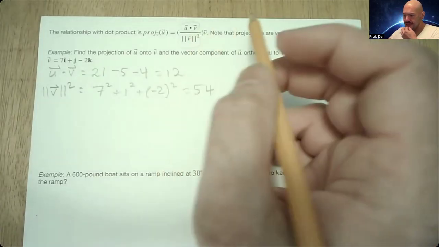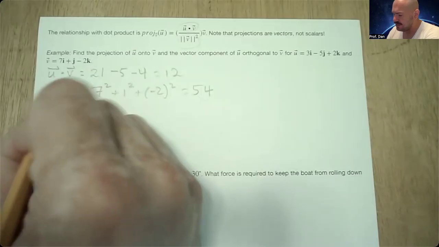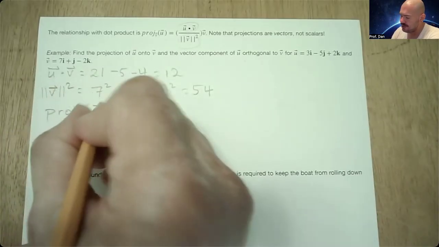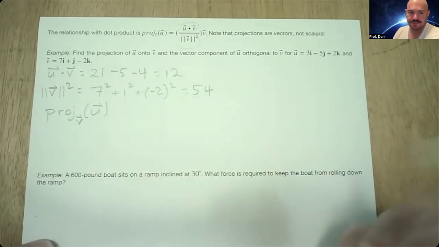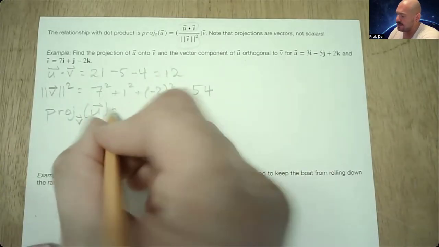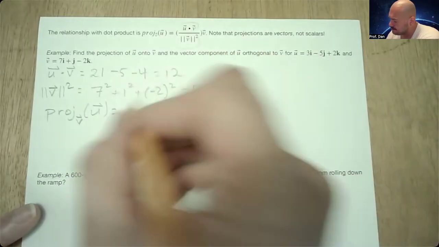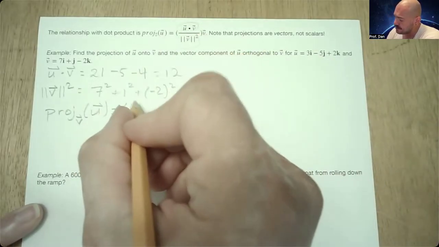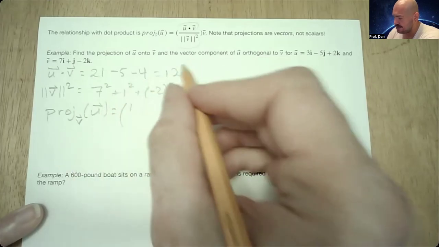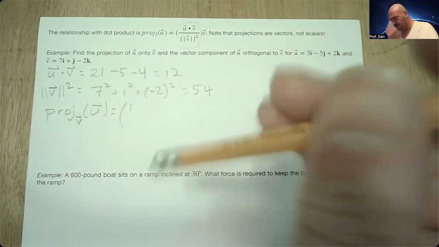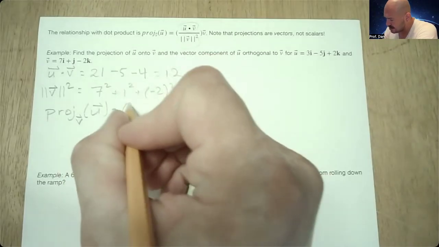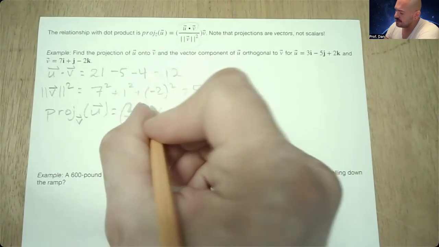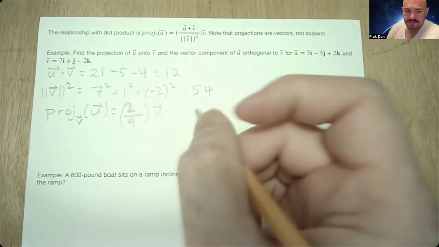So the projection of the vector u onto v is going to be equal to 12 over 54, which is going to reduce. 12 and 54 are both multiples of 6, so it's actually going to reduce to 2 over 9 times the vector v.